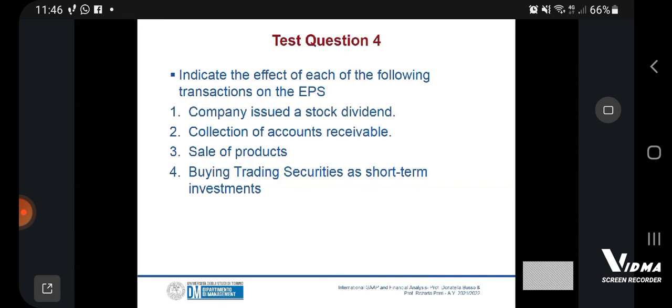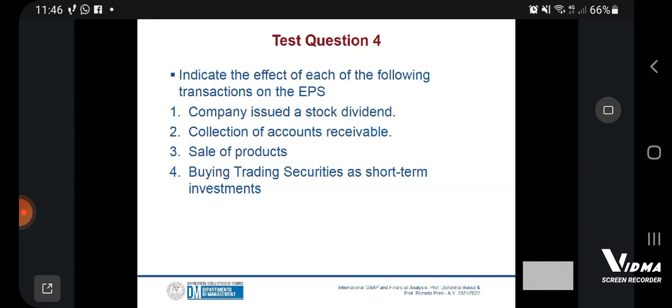Number 4, buying trading securities as short-term investments. A common transaction for many companies that does not affect the earnings. It will affect them later when I probably sell them at a gain or a loss, but this will happen later, as we assumed we are going to take into consideration only the immediate effect of this transaction, not what it will bring for us in the future.